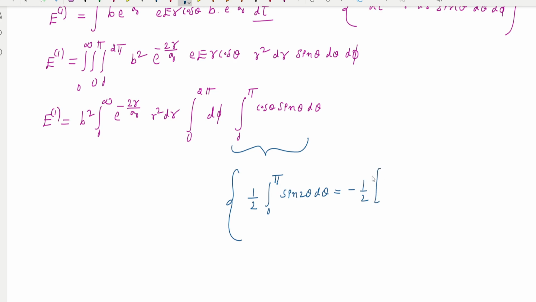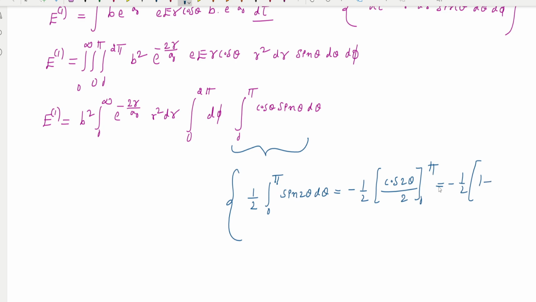then you can apply integration. Integral of sin 2 theta is minus cos 2 theta divided by 2, from 0 to pi, which equals minus 1 divided by 2 times cos 2 pi minus cos 0.